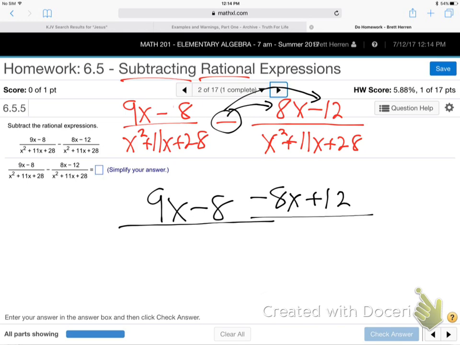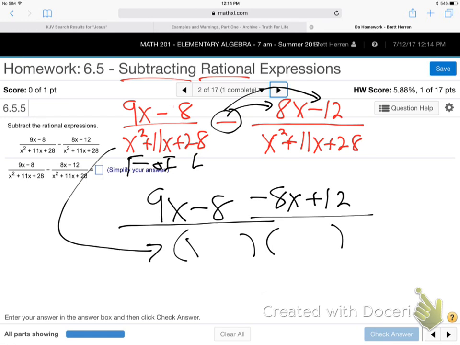The denominator, we need to factor that denominator, right? Can you do the FOIL factoring on that? Two parentheses, x in the front. What multiplies to be 28? What times what is 28? 4 times 7, and that adds to be 11 in the middle. Good there?